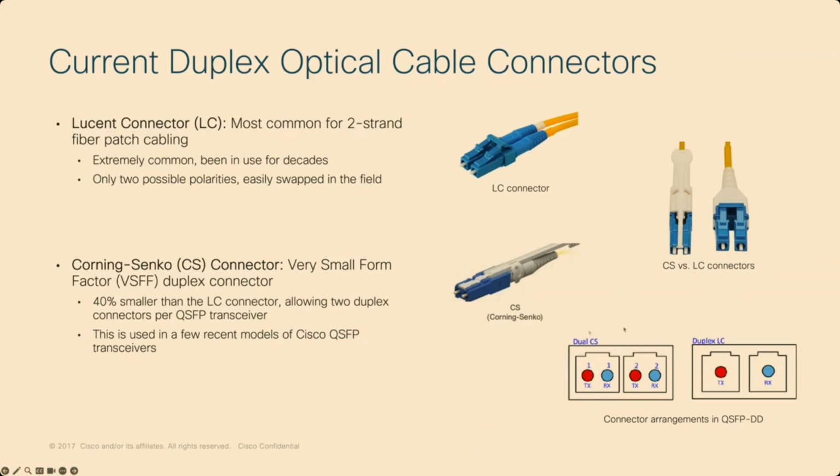So this diagram here on the left shows a QSFP shaped hole basically. And it shows that you can actually fit two CS connectors, whereas you'd be a little bit harder pressed if you wanted to try to fit two LC connectors.